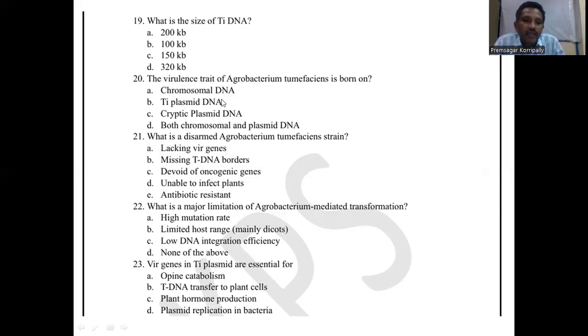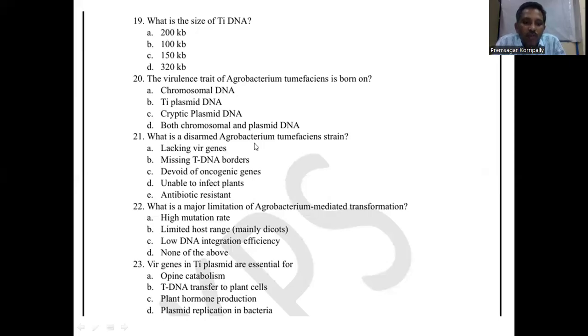The answer is B, the Ti plasmid DNA, because all the genes responsible for identifying the wound and nicking of the T-DNA are there, and the T-DNA consists of auxin and cytokinin genes and opines. So the Ti plasmid is responsible for the virulence of Agrobacterium tumefaciens.